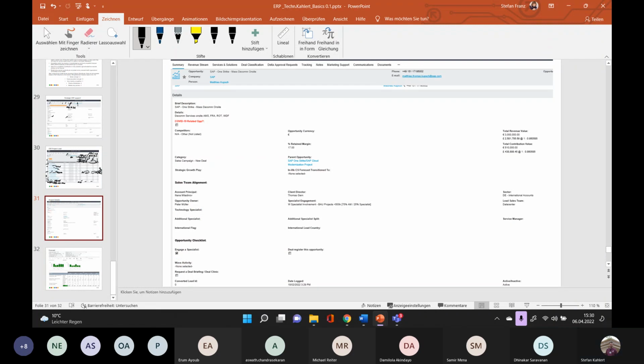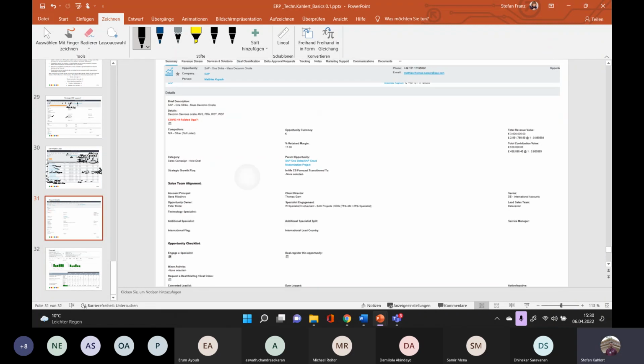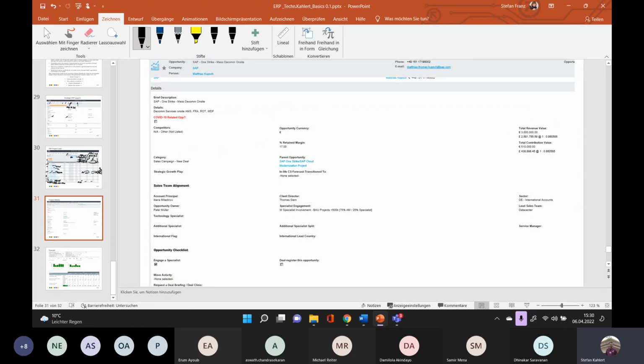Good. Here again, an example of such an opportunity. You see here 17% margin. This is another view. You see the total revenue. You see in which sector this opportunity has been created, who was in charge, who's the opportunity owner. It's not very filled again, but it's with some details.